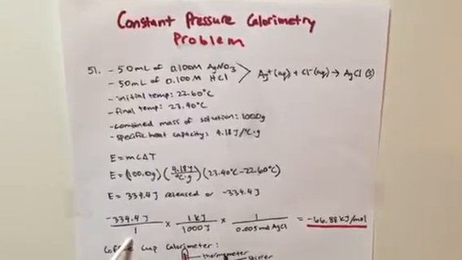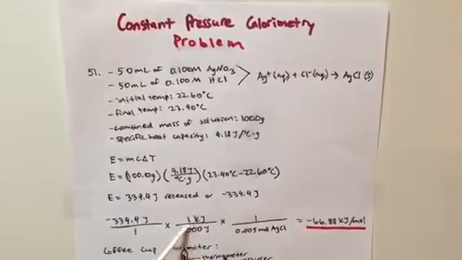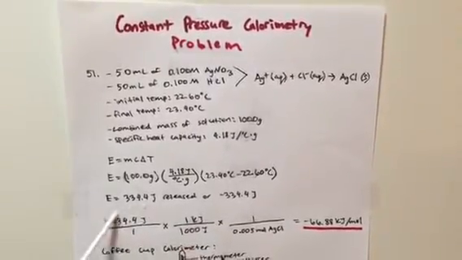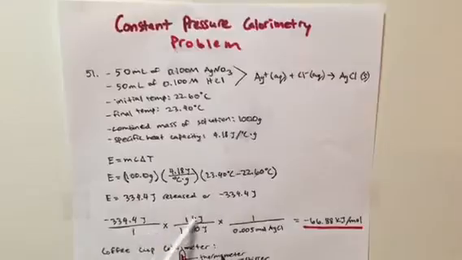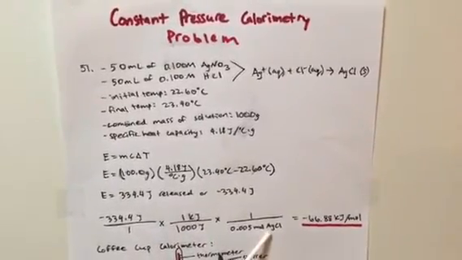We do that by using the kilojoules to joules ratio, which is 1 kilojoule in every 1,000 joules. So now we are in the kilojoules, but we also need to have this over moles of AgCl.